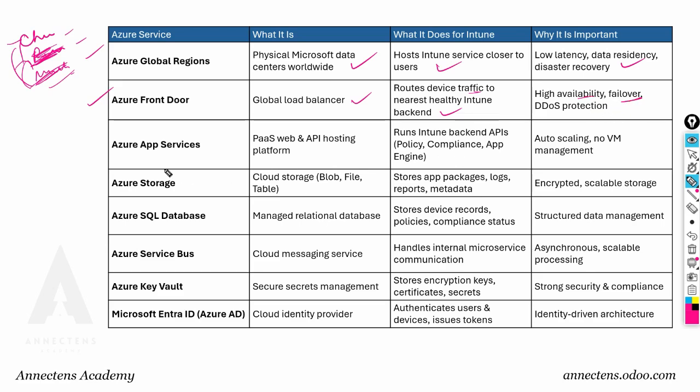App Services is more of a platform as a service for web and API hosting. Anything you are trying to connect from Intune, like policies, compliance, or app engines, the app service is responsible for routing to the API host, and ensures there is a way of expansion.